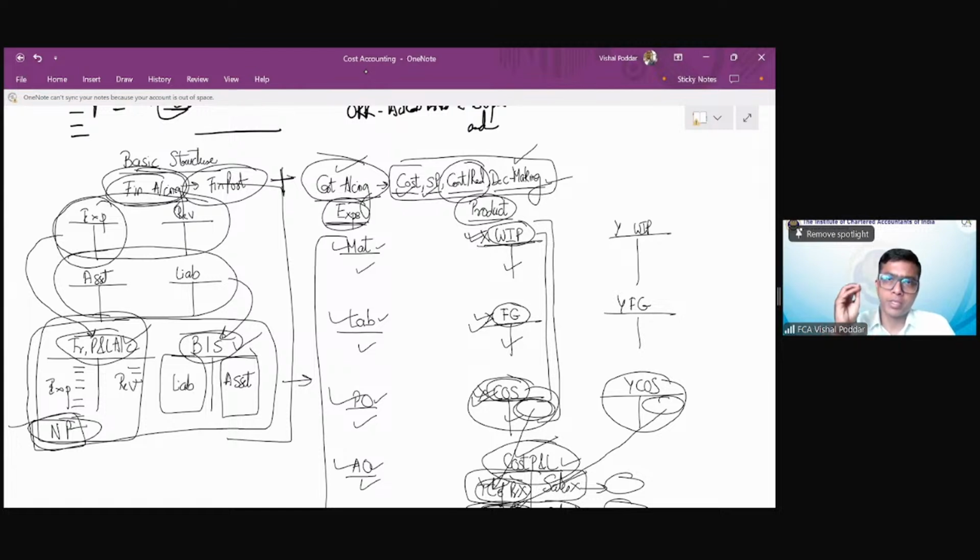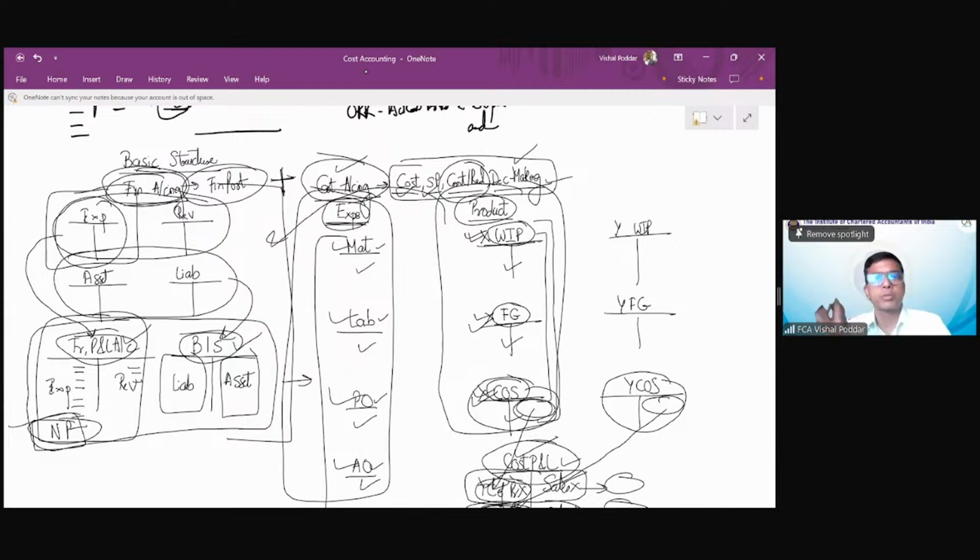That is, I will prepare a single set of books which will take care of both financial and cost accounting. So should I merge both the accountings? The answer is yes, you can, because the same expenses are here as well. The only new thing is you need product accounts, which you can very well add to the list. So you can merge both the books.